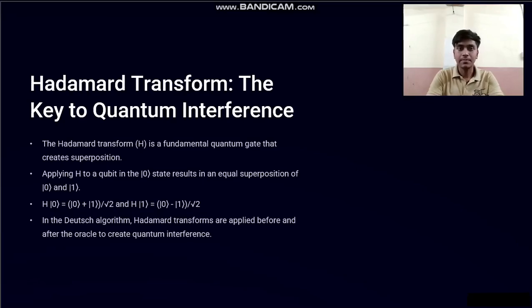In the Deutsch algorithm, Hadamard gates are applied before and after the oracle to allow the amplitudes of different computational paths to interfere, reinforcing or cancelling out and making the answer observable in a single measurement.